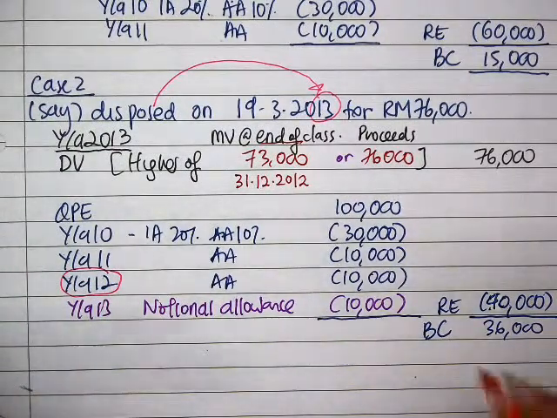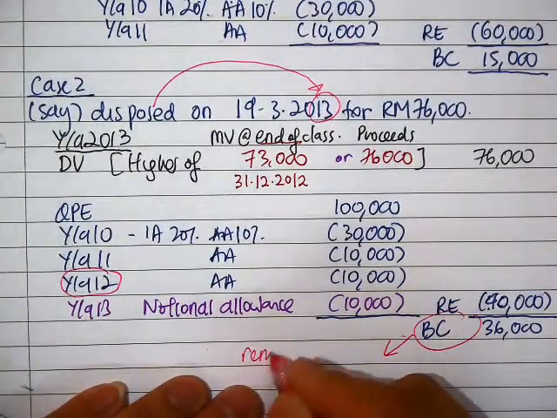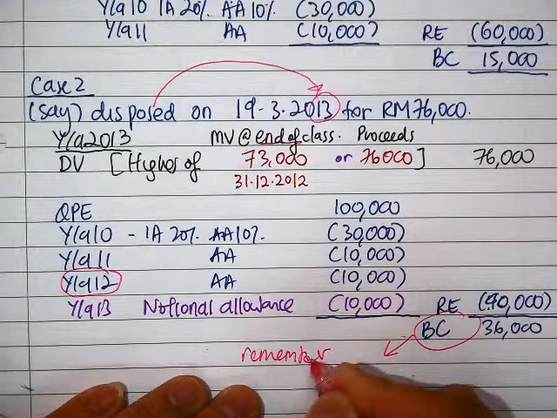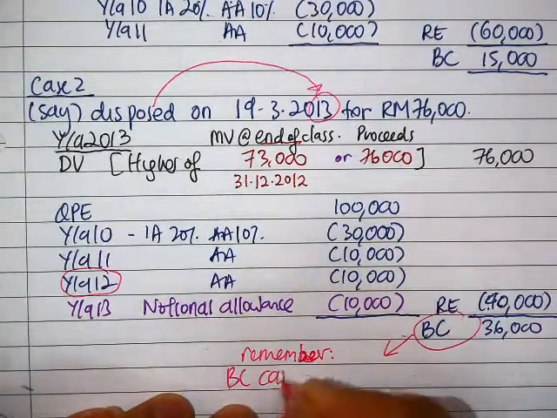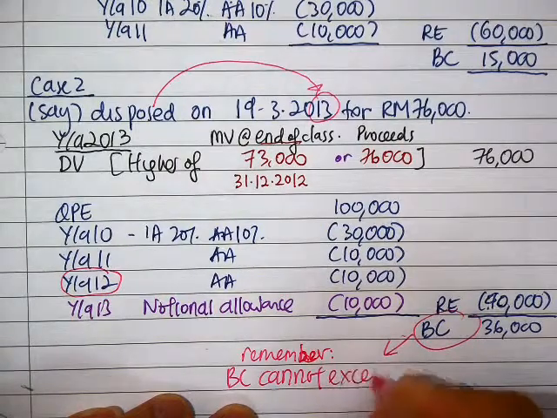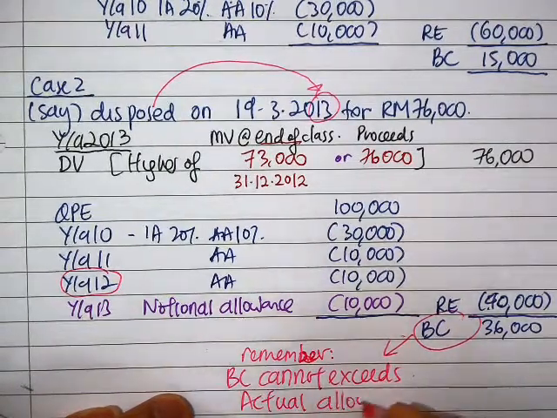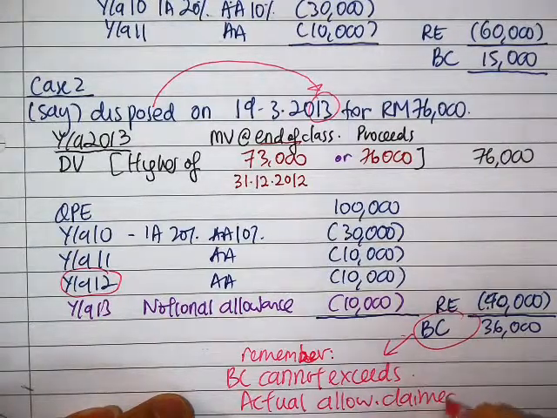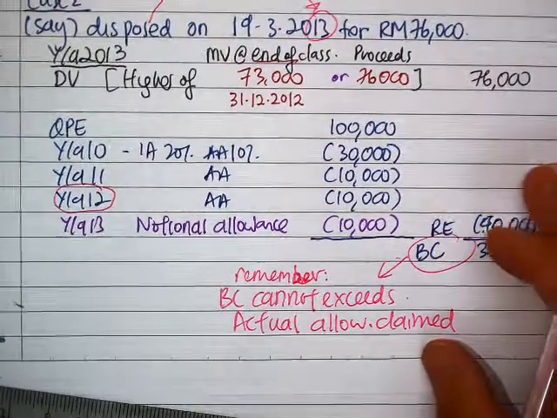When it comes to balancing charge, always remember that BC cannot exceed the actual allowances claimed.